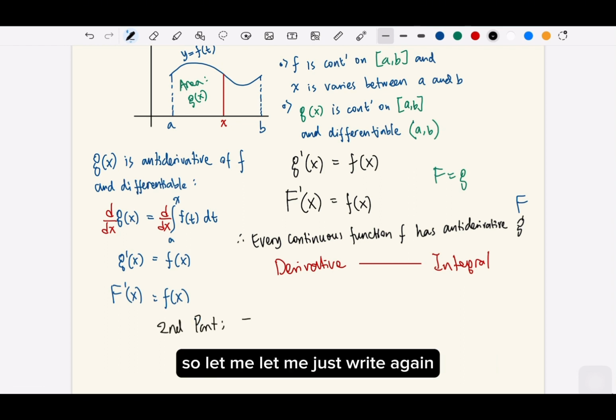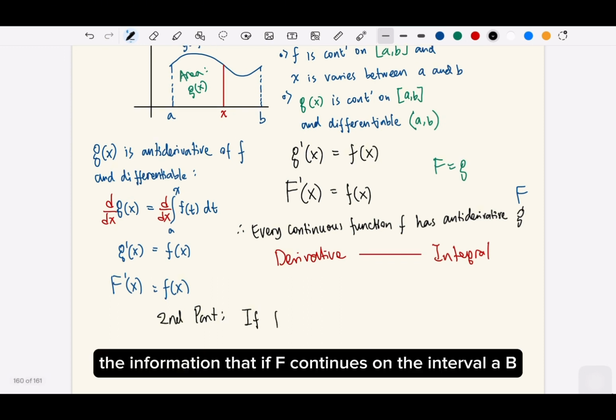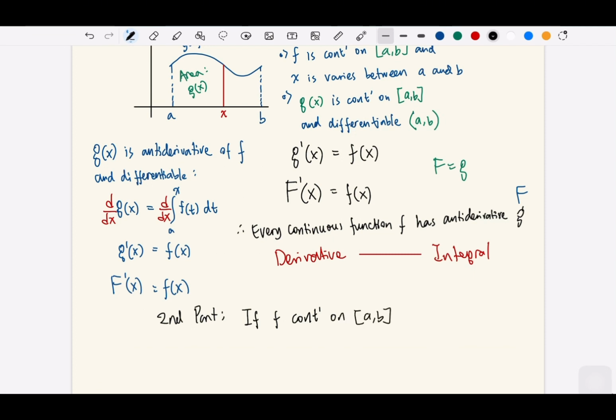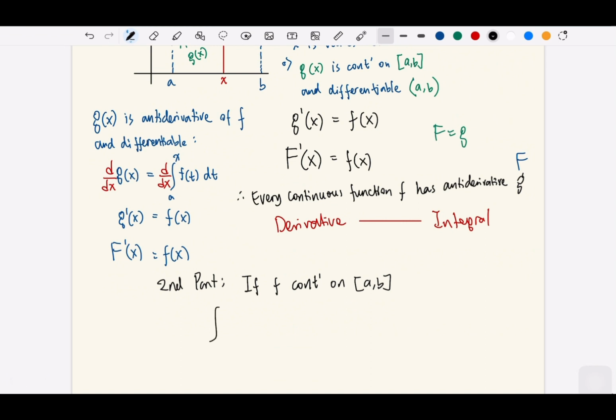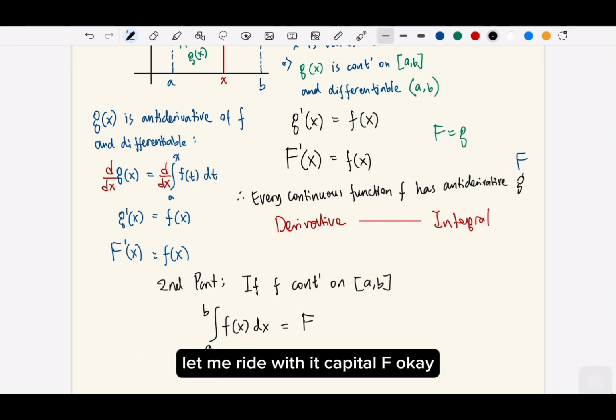So let me just write again. This is the information that if f is continuous on the interval [a, b], and then the integration of this f, we can write as, let me write with the capital F, okay?